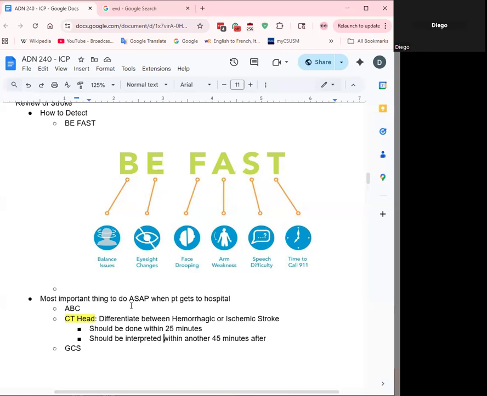When it comes to a stroke in the hospital, the good thing is that you have people monitoring the patient that are more likely to catch an early stroke versus at home where there's a chance that it's going to be a little bit on the later end that it gets caught.